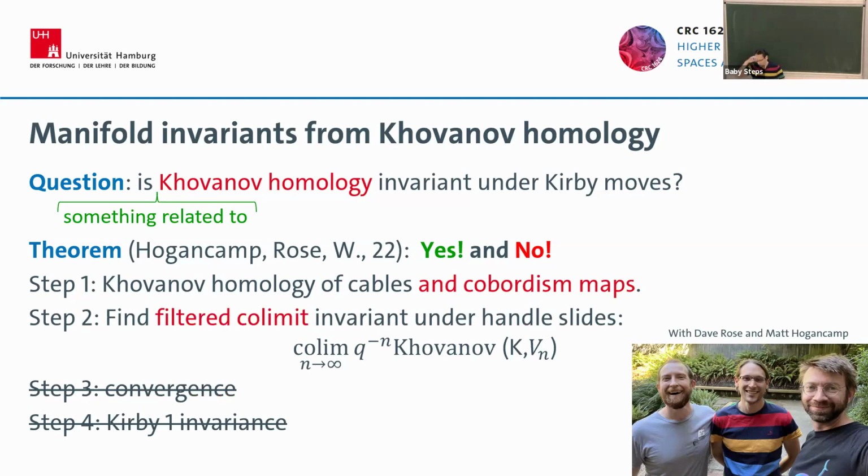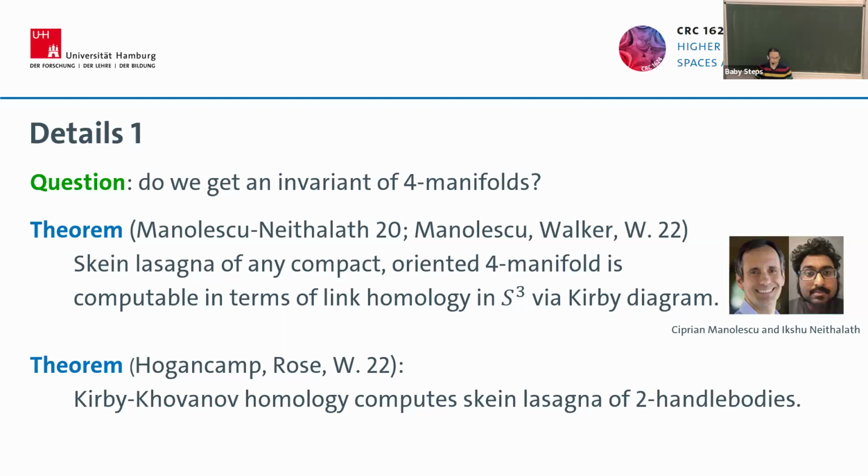In particular, this will not be invariant under the Kirby 1 move, and we're actually happy about this, as I'll explain. Our work built on a really cool paper of Ciprian Manolescu at Stanford and his former student Ikshu Nathaleth, and subsequent work with Walker and Manolescu from 2020 to 2022.